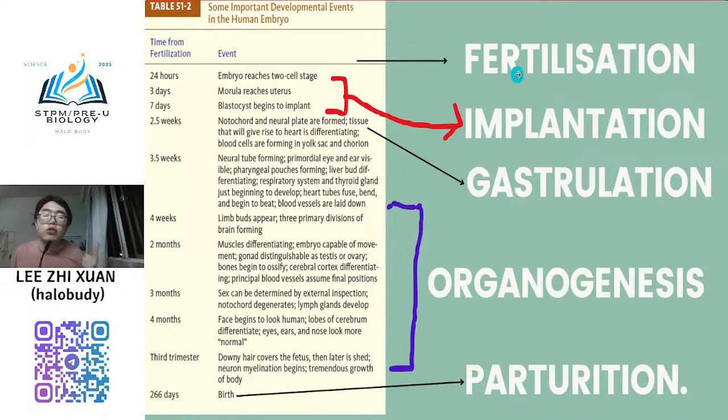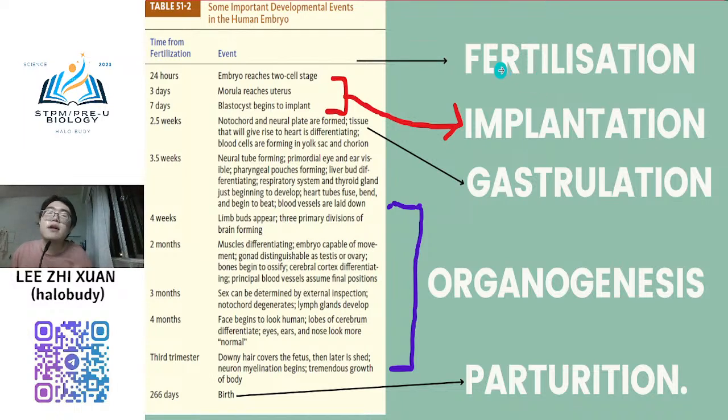First process, you need to have fertilization first. But before fertilization, of course, you need to have sexual intercourse first. If you do not do that, then no fertilization. But now you can use manual fertilization, which we call in vitro fertilization, without sexual intercourse. But in the general way, we do sexual intercourse resulting in the fertilization process.